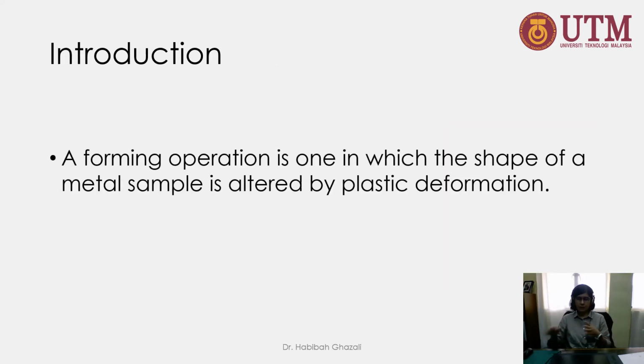As I have mentioned earlier, forming processes or forming operations such as rolling, forging, and extrusion of a metal are processes in which we change the shape of a metal component through plastic deformation.